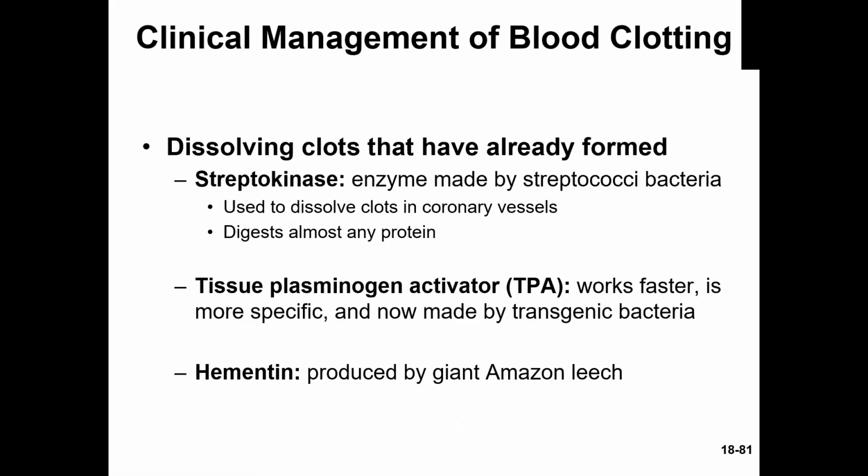So how do we dissolve a clot already formed? They have used clinically something called streptokinase. This is an enzyme made by strep bacteria. There's a lot of things that we utilize in treatment that really come from places you wouldn't think. One of them being strep bacteria, in order to produce something for us in a therapeutic manner.